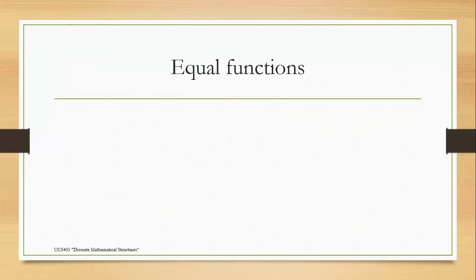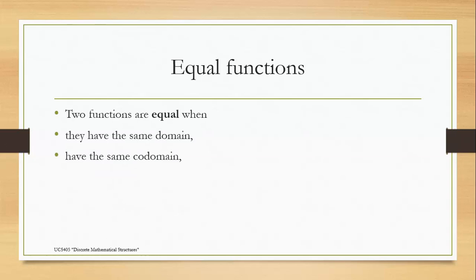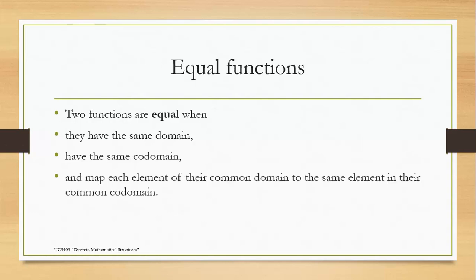Now talking about equal functions. When we define a function, we specify its domain, its codomain and the mapping of elements of the domain to the elements in the codomain. So two functions are equal when they have the same domain, the same codomain and map each element of their common domain to the same element in their common codomain.